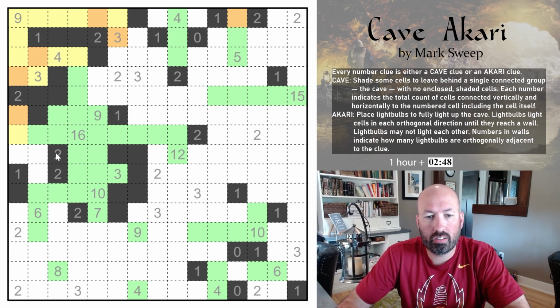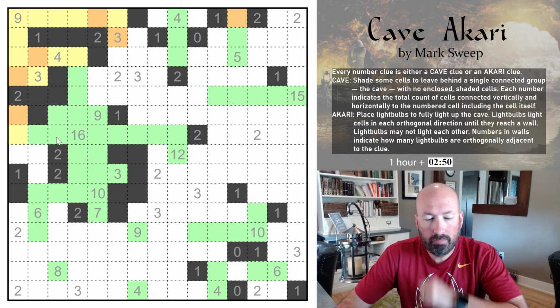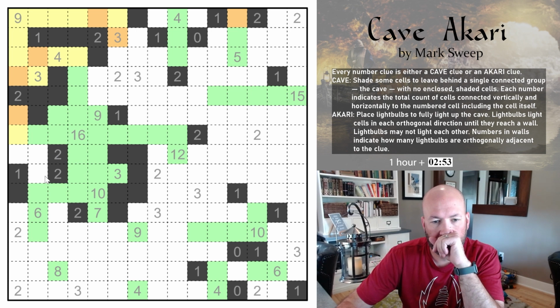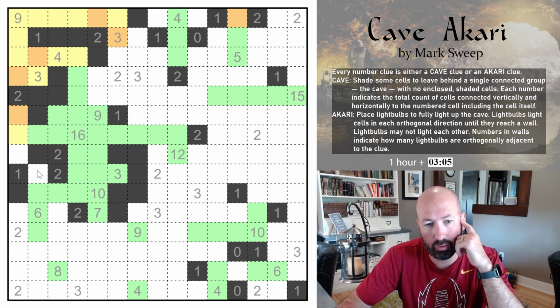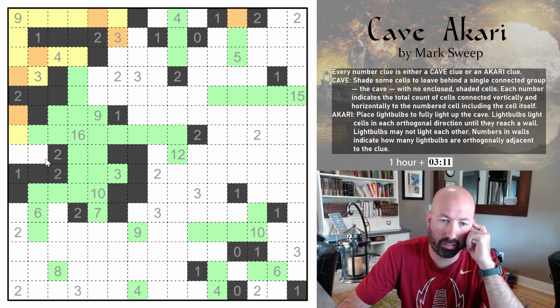Now, okay, let's look at these 2s, because we know one of these has to be a wall, right? So whichever one that is, if it's up here, it's going to force the 2 lights over here, which is going to force these 2 lights over here. If it's here, it's going to do the opposite thing.